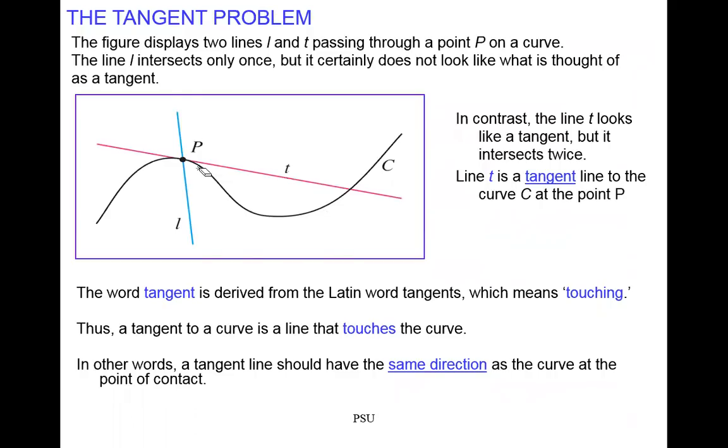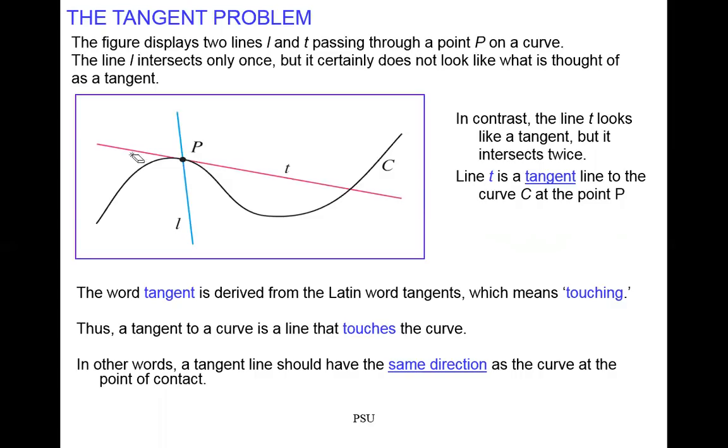Thank you, Zach, thank you, Eric. It intersects once, but it's not a tangent, because as I mentioned, tangent from Latin means touching. This is not really touching, this is crossing, and we don't like this.